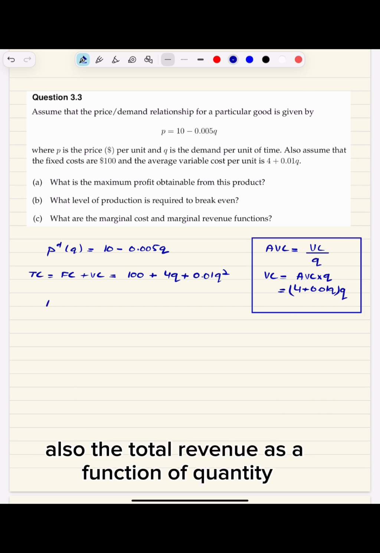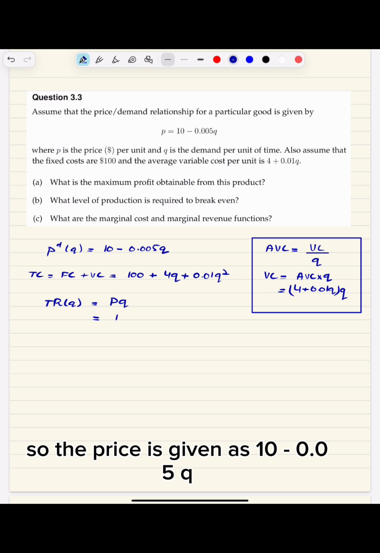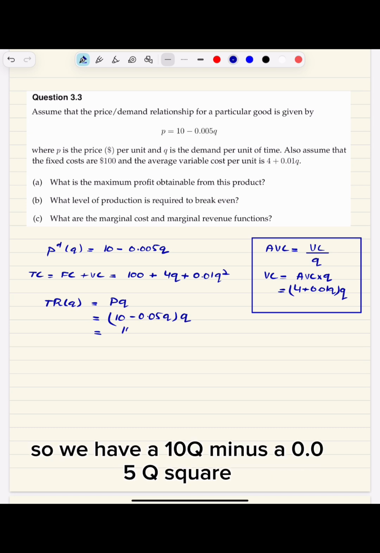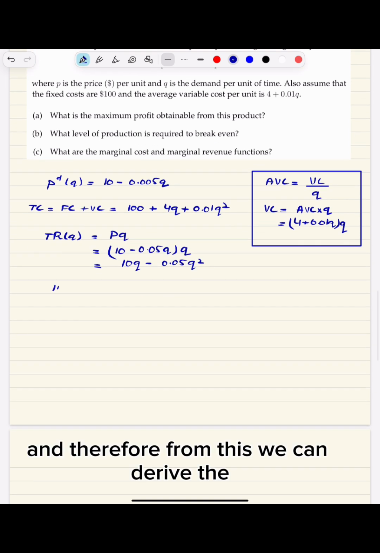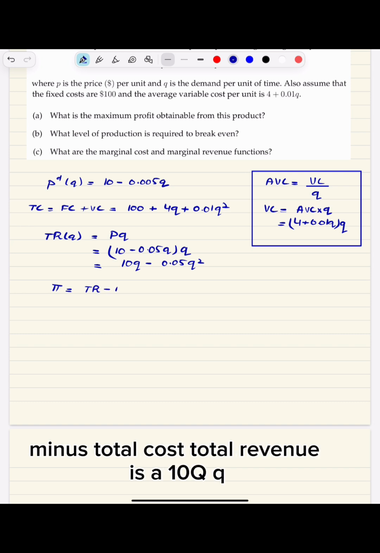Also, the total revenue as a function of quantity: we know total revenue is price times quantity. The price is given as 10 minus 0.05Q, and we need to multiply it by Q in order to find total revenue. So we have 10Q minus 0.05Q squared, and from this we can derive the profit function, which is total revenue minus total cost.